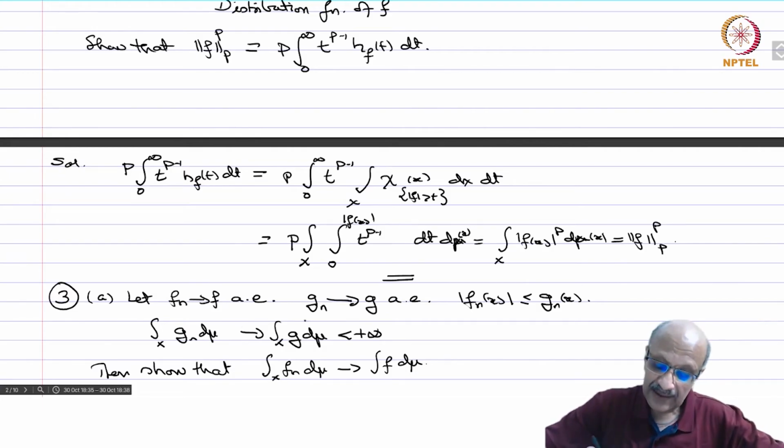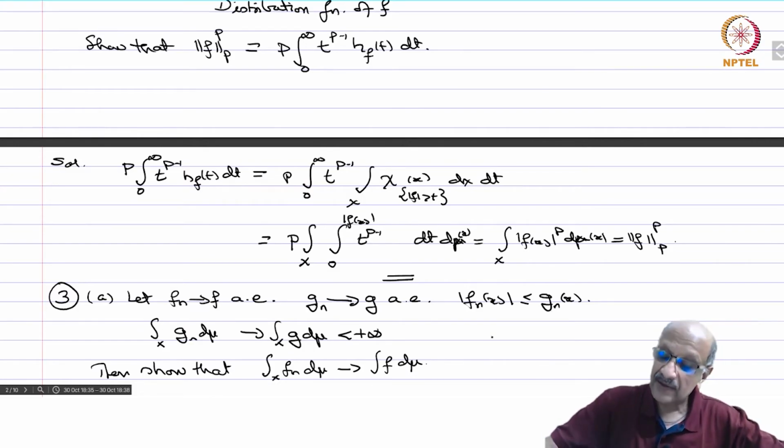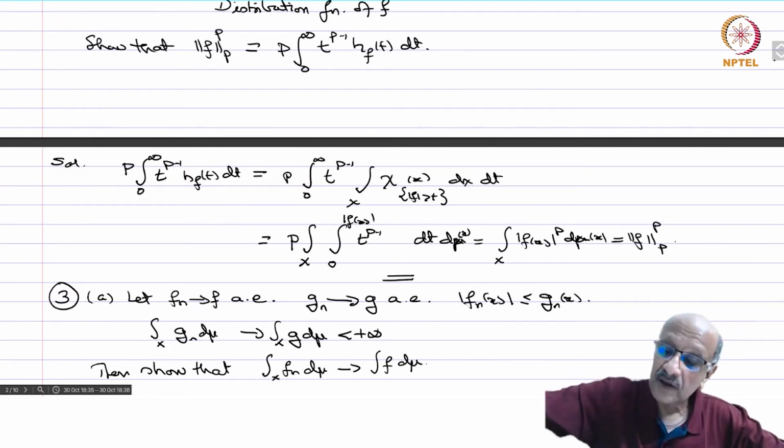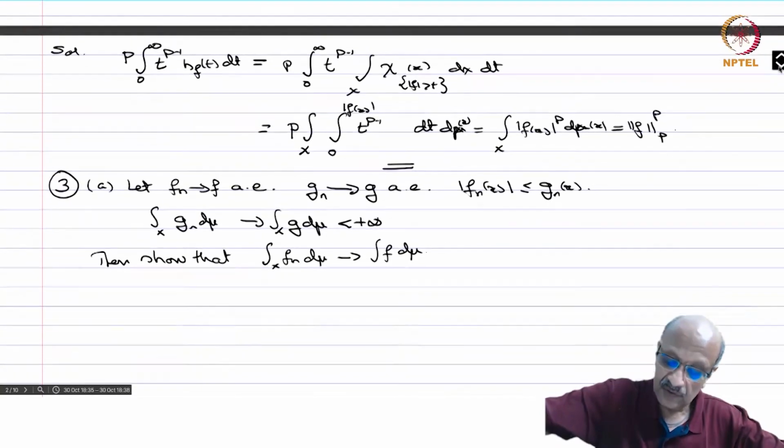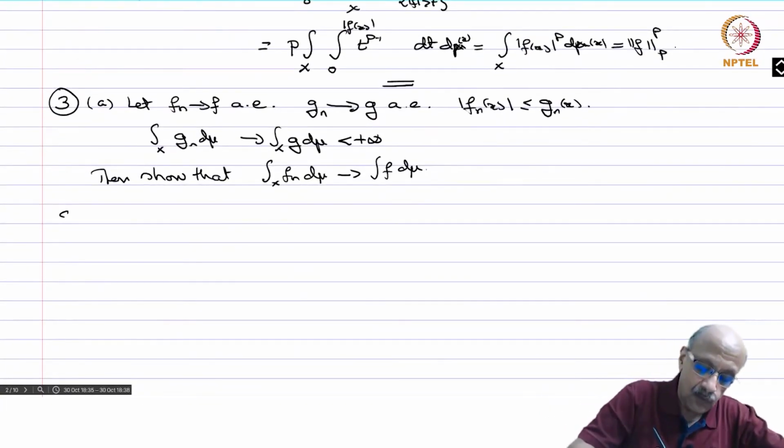Now you are relaxing that. You are saying fn is bounded by gn, gn converges to g and g is integrable. Okay, so this is called the generalized dominated convergence theorem. So let us first solve this. So solution.